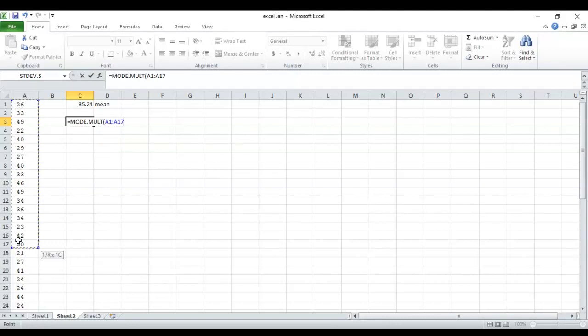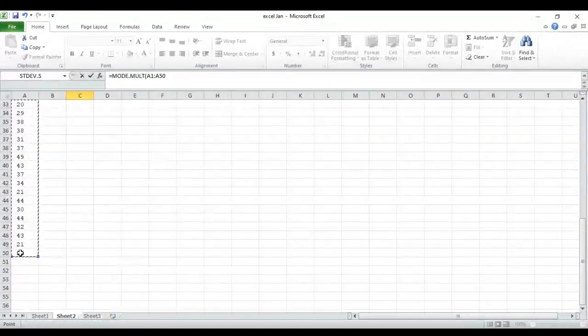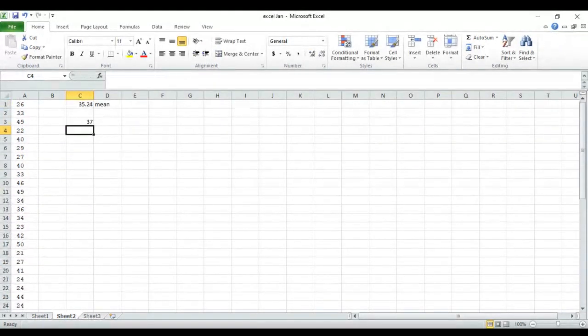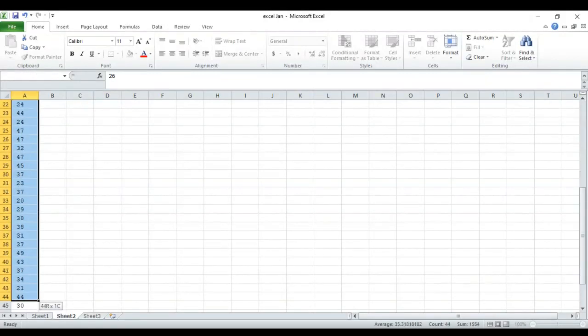So I just picked multi because I'm not sure, but I select my numbers and I just get one number. So 37 is the mode here. That means 37 is the number that's used the most. So before I go any further, I'm going to take my list of numbers and sort them from smallest to largest.